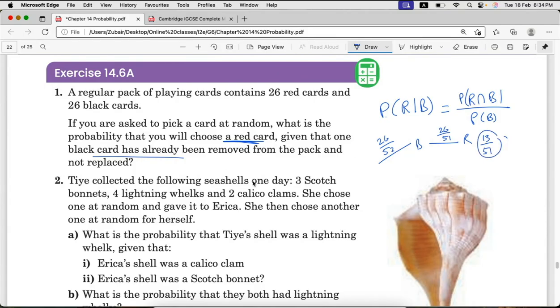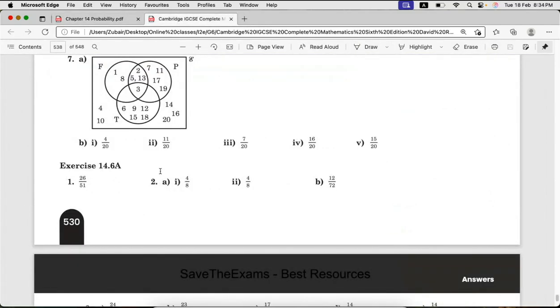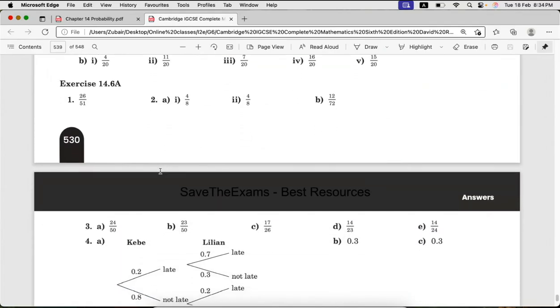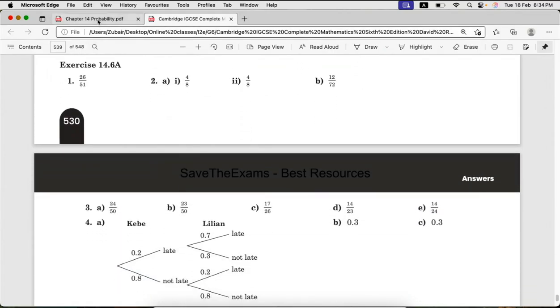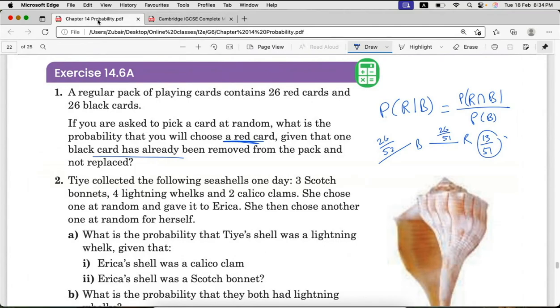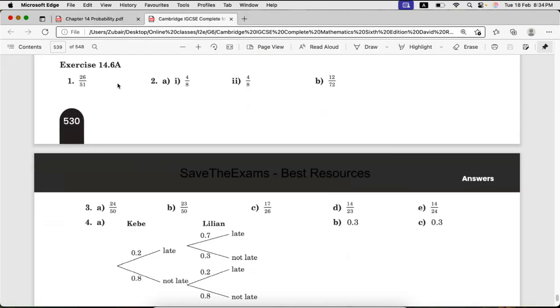Let me check that answer. 26 by 51 is 14.61. Why am I getting 13 by 51? Why am I getting half of that?